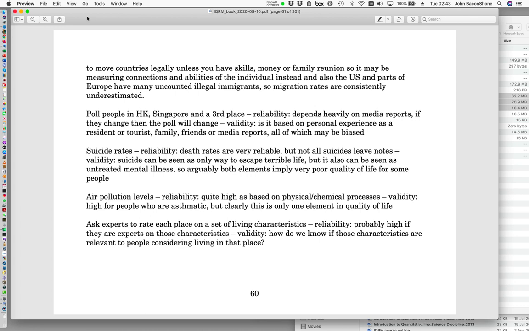But whether those are relevant to you, so if you're trying to decide where to live, should I live in Hong Kong or Singapore, then relying on some expert to decide for you the importance of those characteristics is a bit strange, right? They have no way of knowing how important those different characteristics are to you. So the validity may not be that high if those characteristics are not relevant to the people who want to use this information.